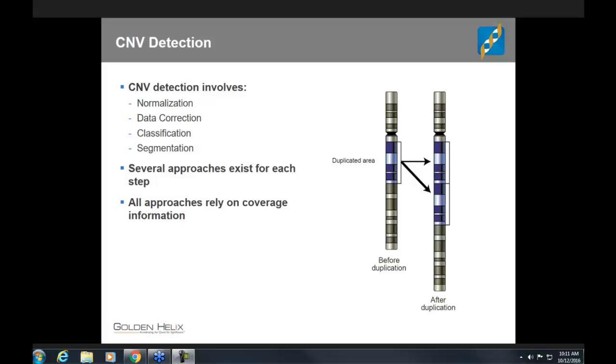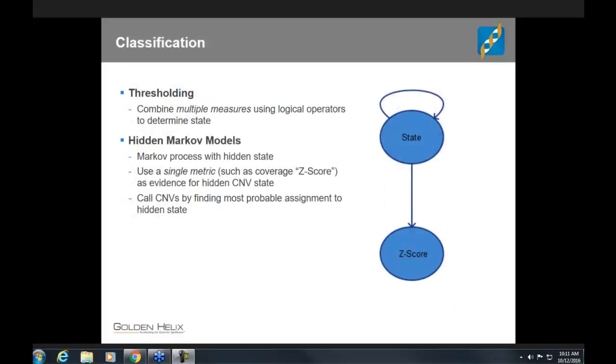And there's a number of approaches that exist for each of these steps in the literature, but all of these approaches ultimately rely on coverage information to call CNVs. The two main approaches in the literature for CNV calling are thresholding. That is, you take one or more measures, usually multiple measures, and you combine these measures using logical operators.